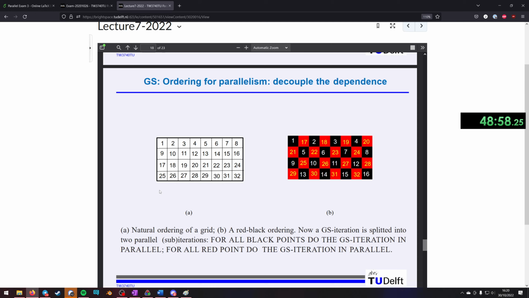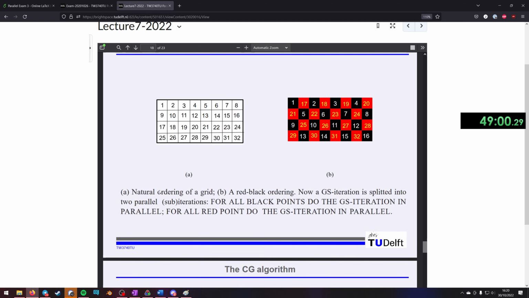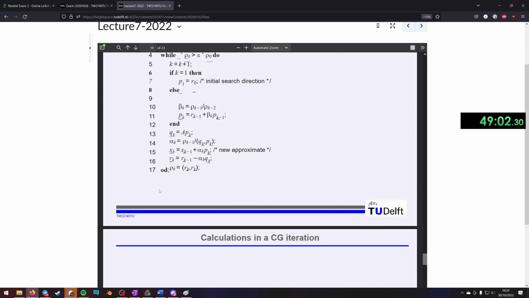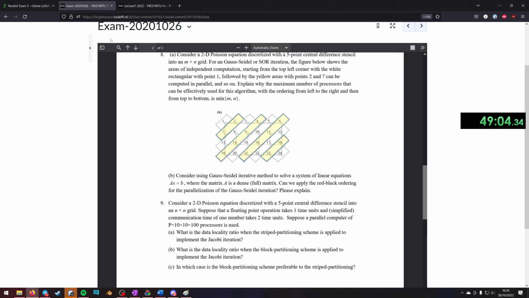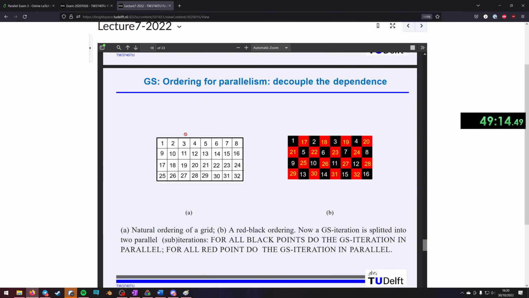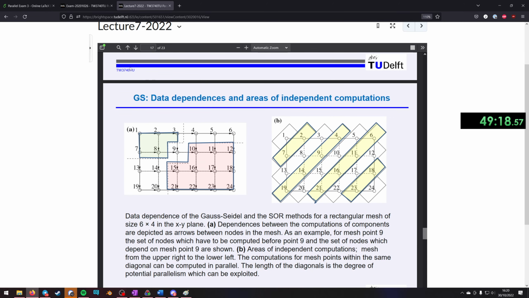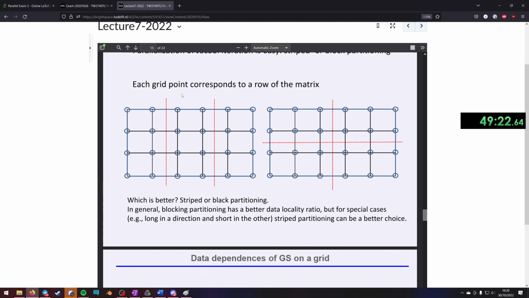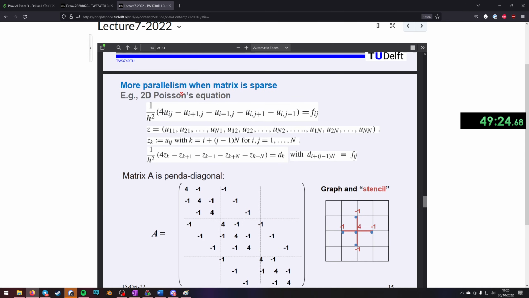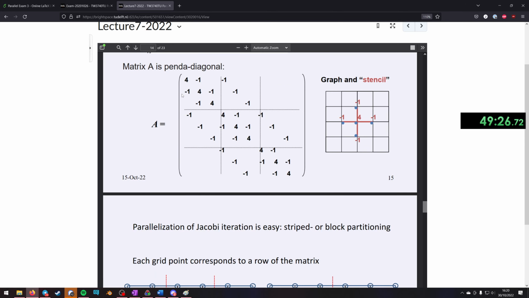So, does it say anything about dense matrices? Let me have a look again. Solve a system of linear equations. Red-black ordering for the parallelization of a Gauss-Seidel algorithm. So the red-black ordering. Yeah, honestly, I think that we can.